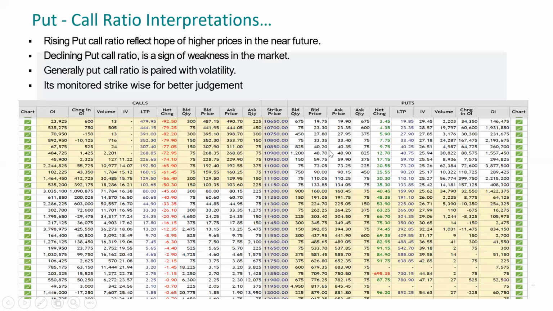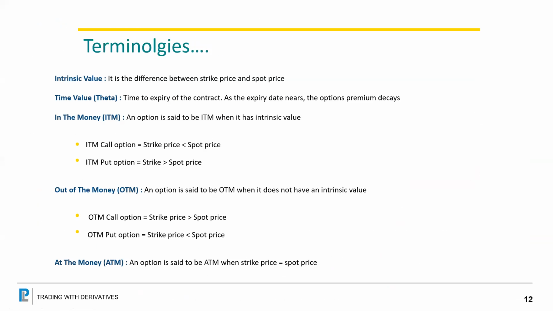So that is reverse in puts. So what is ITM and OTM? ITM means the strikes below the current market price are ITM for call options, and the strikes above it are ITM for put options.